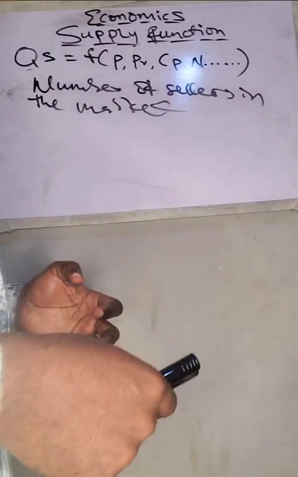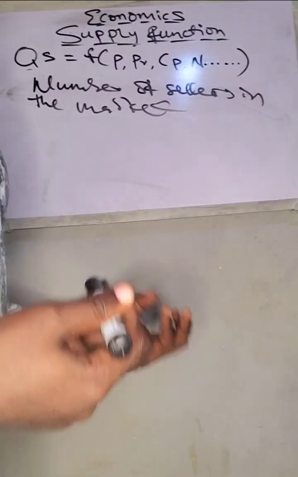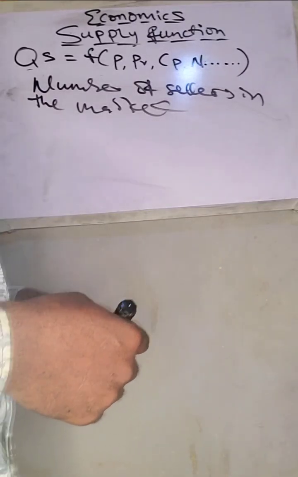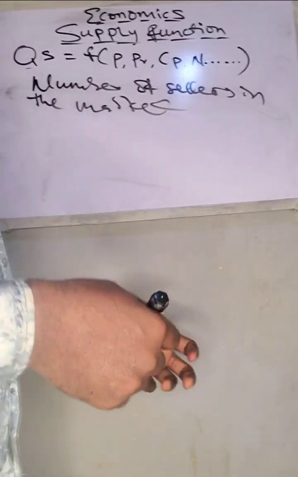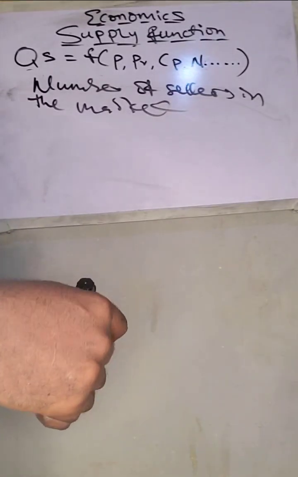An increase in the number of sellers in the market leads to an increase in quantity supplied. And a decrease in the number of sellers in the market leads to a decrease in quantity supplied.